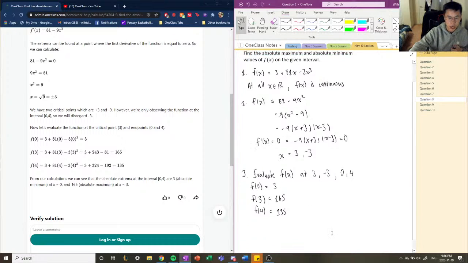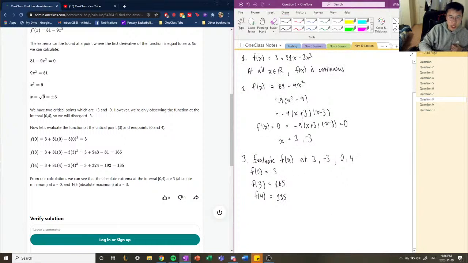So finally, we have our 3 points, and we can now identify the absolute maximum and absolute minimum, okay? So this here, f of 0 equals 3, is our absolute min, and 165, or f of 3, is our absolute max. Okay. So finally, we can write our concluding statements.